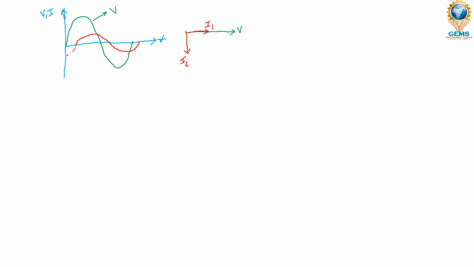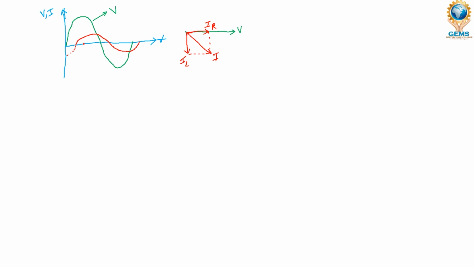This is IR. The resultant current comes somewhere here. This is the resultant current I. Actually, current is supposed to start here if it is a pure inductor, but because of the combination of resistor, current is starting a little earlier.